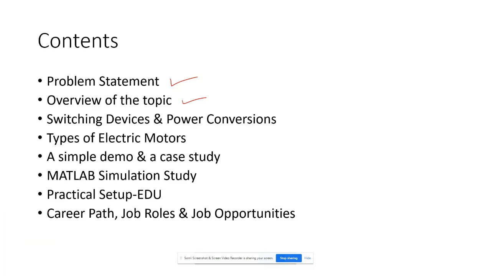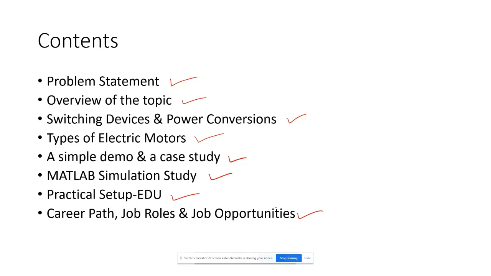Among the components, we will look at switching devices and power converters, and the various electric machines, like the types of electric motors. We will also have a case study with a MATLAB simulation and a practical setup, and a discussion on career paths, jobs, and roles and responsibilities.